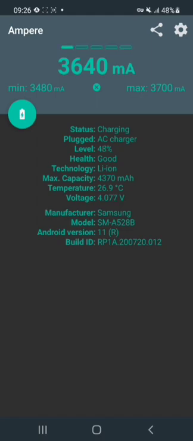It's charging fine. 3600 milliamps. But the scaling governor is not working anymore, I think. Doesn't look like it does anything. Doesn't look like it does anything at all. I'll try to set it every which way.